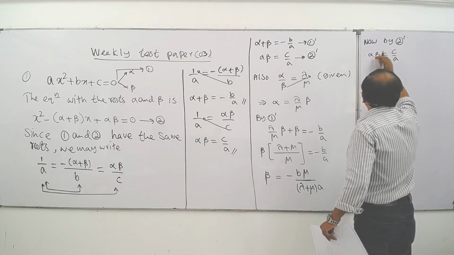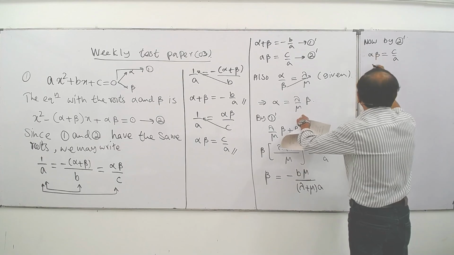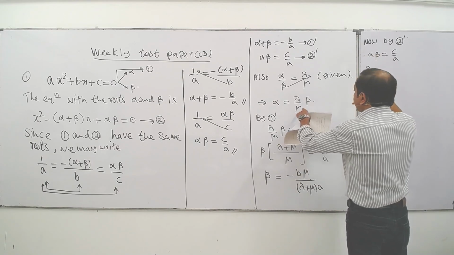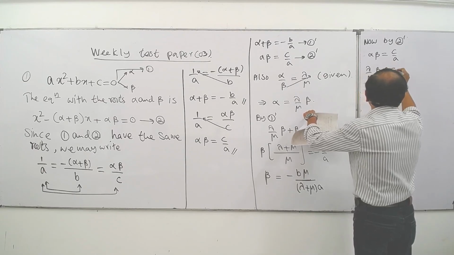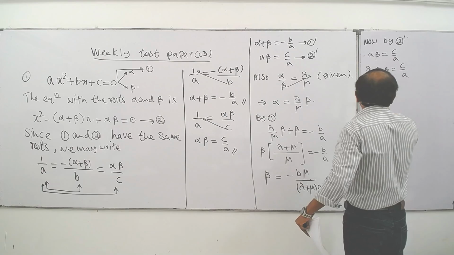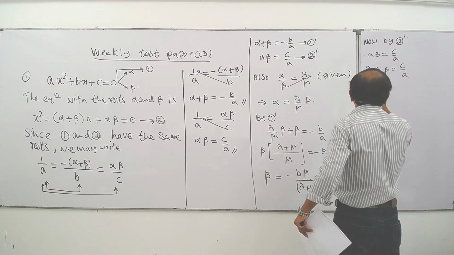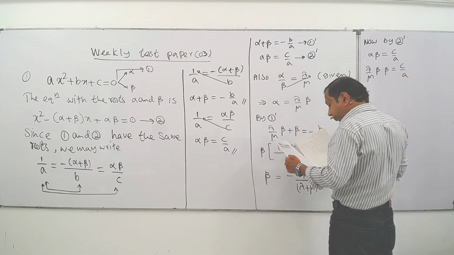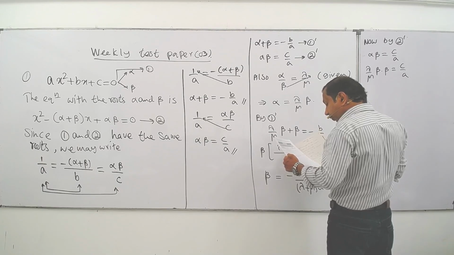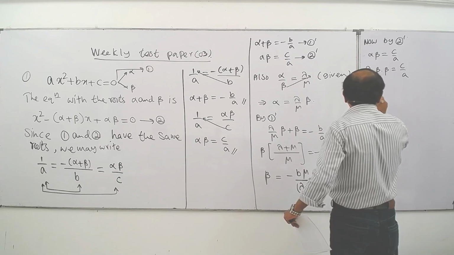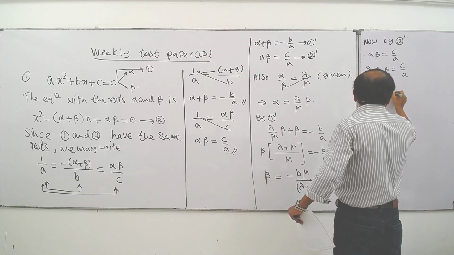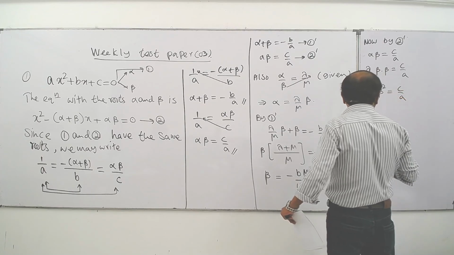What is alpha? Lambda over mu. Lambda over mu times beta, and another beta is there, equals c upon a. Then we can write, what is the answer asking? Yes, lambda mu b squared. So lambda over mu beta squared is equal to c upon a.